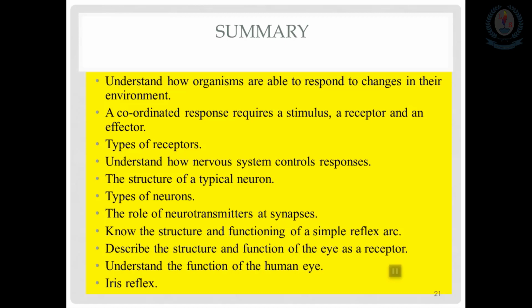We discussed the structure of a typical neuron and the types of neurons, as well as the roles of neurotransmitters at synapses. Now we know the structure and function of a simple reflex arc, and we can describe the structure and function of the human eye as a receptor, and we discussed the iris reflex.